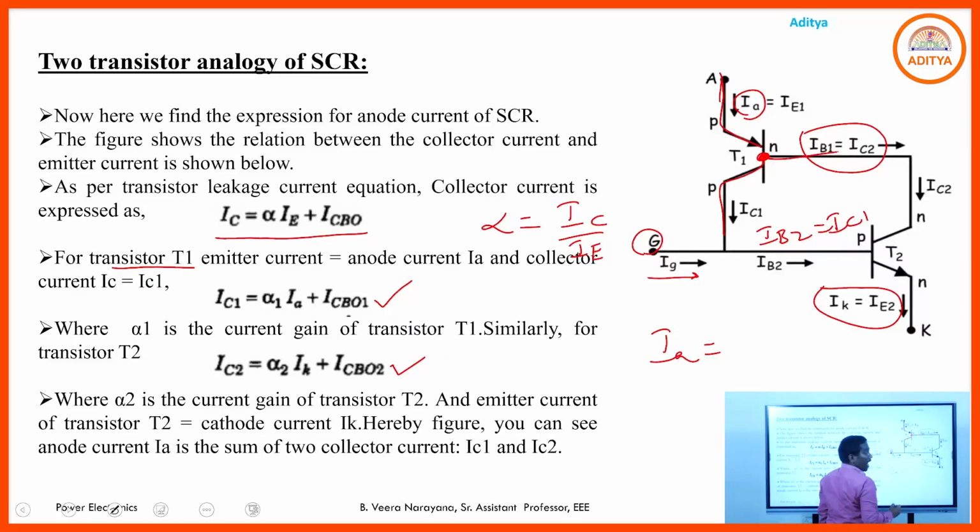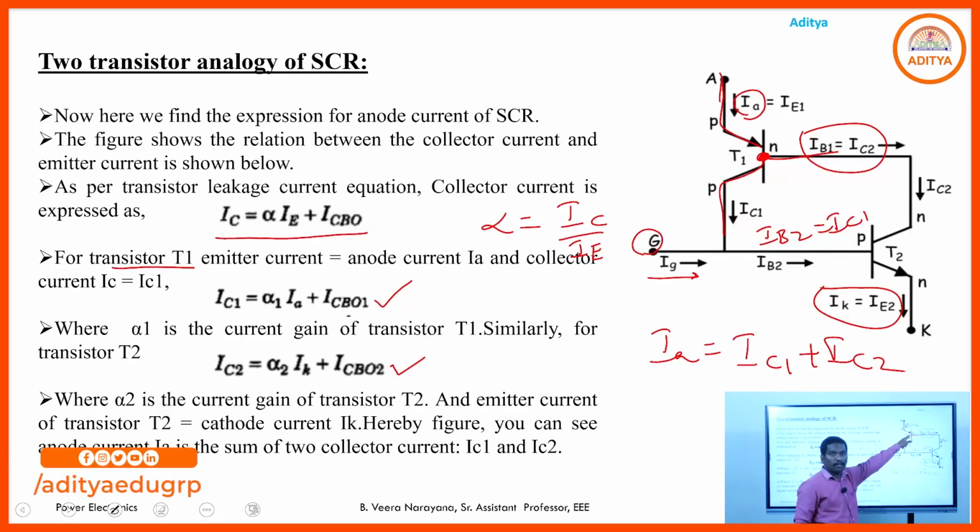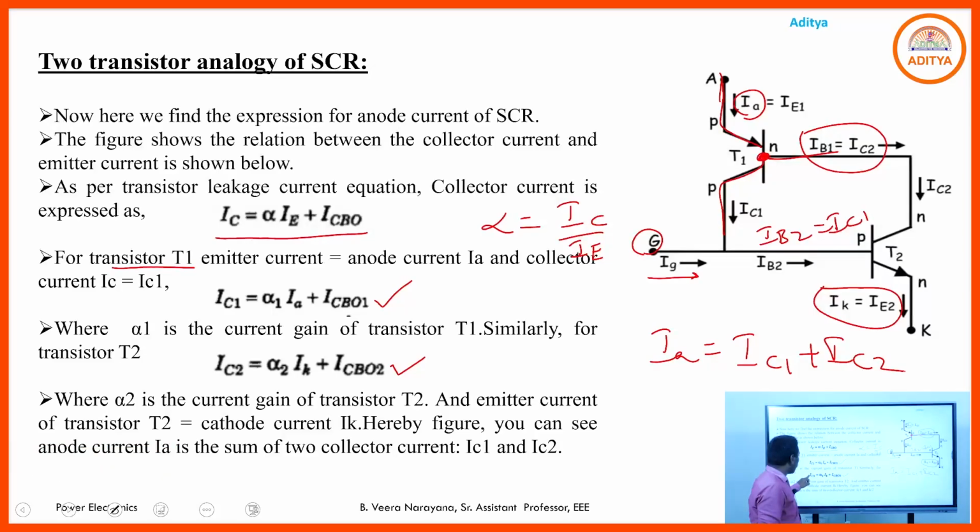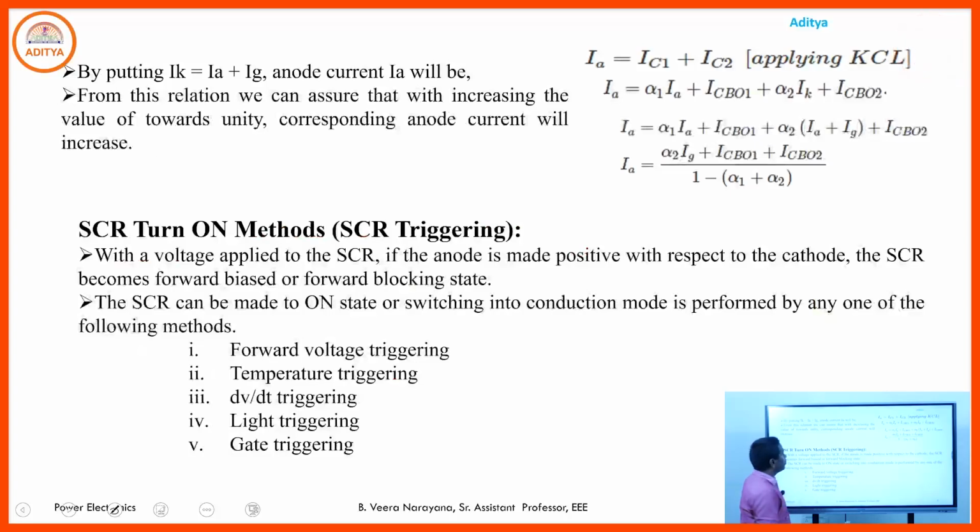IC1 and IC2. So we will write IA is equal to IC1 plus IC2. So substitute these IC1 and IC2 in this anode current expression. What will you get here? Simply IA is equal to IC1 plus IC2 by applying the KCL.